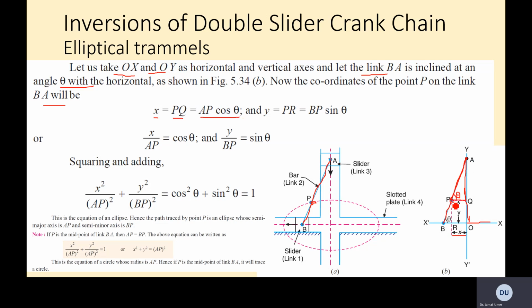So you can imagine this is a triangle, so if this is hypotenuse AP, then PQ is a cos component and AQ is a sine component. So x is equal to AP cos theta.